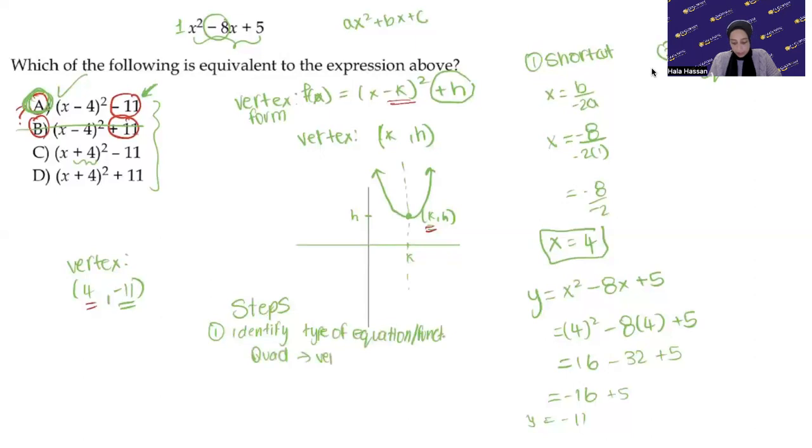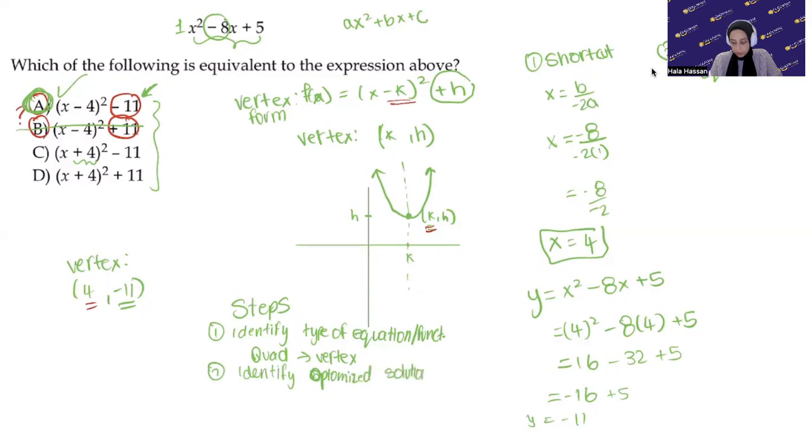The second step was to identify which method is going to optimize my solution, because when we're solving for MCQs, we don't want to take the long route. We want to simplify our path to the answer as much as possible while still doing correct math. So identify the optimized solution.